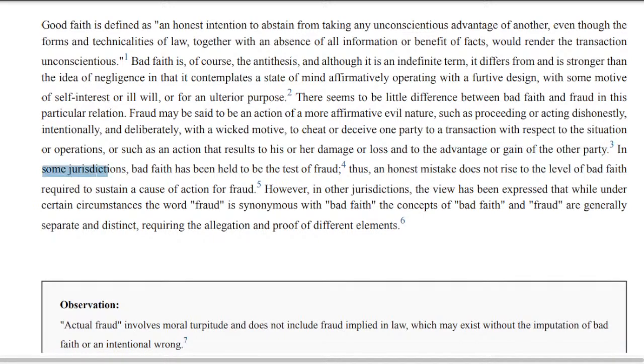In some jurisdictions, bad faith has been held to be the test of fraud. Thus, an honest mistake does not rise to the level of bad faith required to sustain a cause of action for fraud. However, in some jurisdictions, the view has been expressed that while under some circumstances the word fraud is synonymous with bad faith, the concepts of bad faith and fraud are generally separate and distinct, requiring the allegation and proof of different elements.